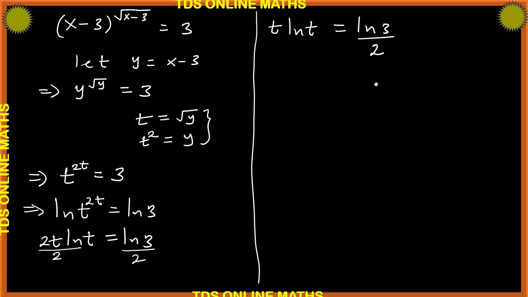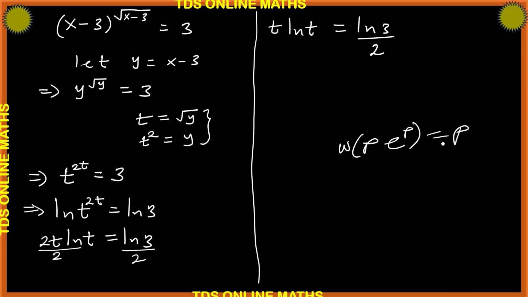All right, now let's observe the left hand side carefully. We have t ln of t. Before we can solve for t here, we have to apply the Lambert W function. In case we have something like p times e raised to p, then if you take the Lambert W function, you get p.